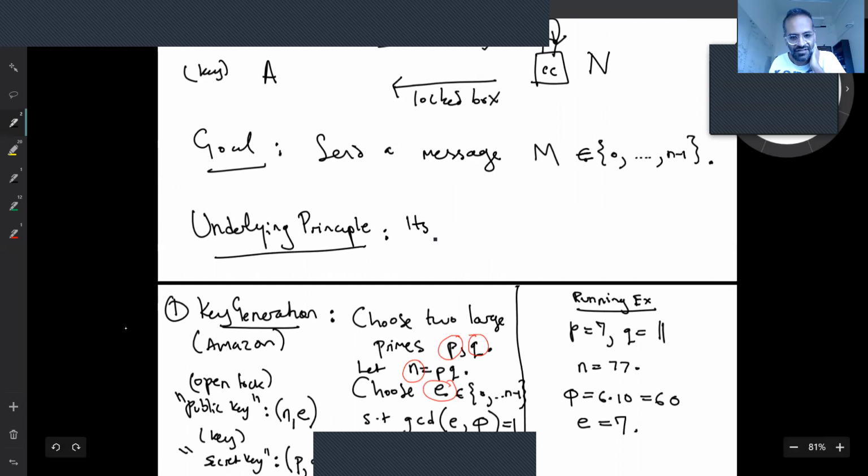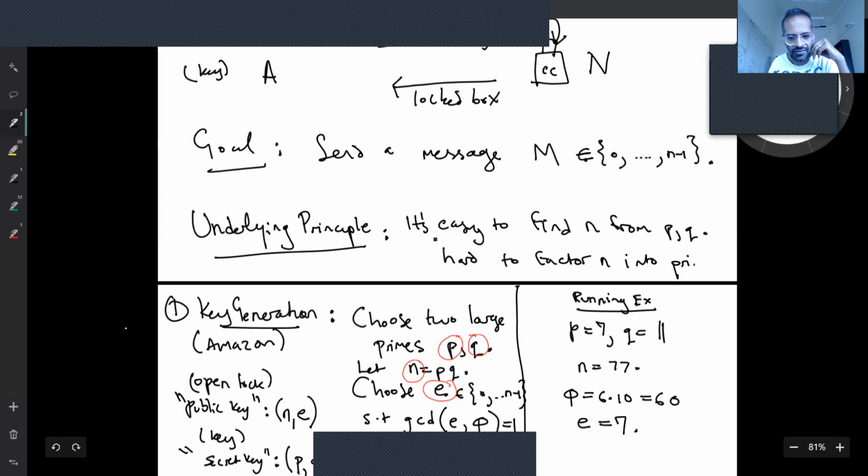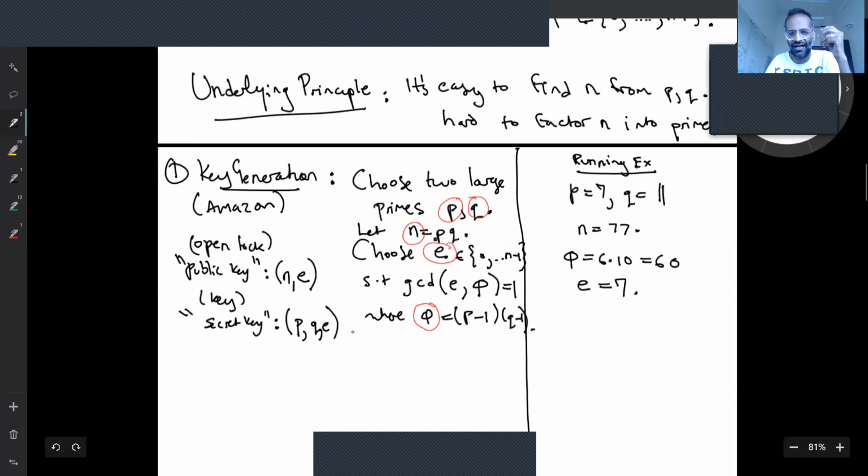It's easy to find n from P and Q. It's easy to multiply 2 numbers and find the product, but it's hard to factor n into its primes. So if you just give me the open lock, I can't just produce the secret key because it's not so easy to factor a number with 500 digits.